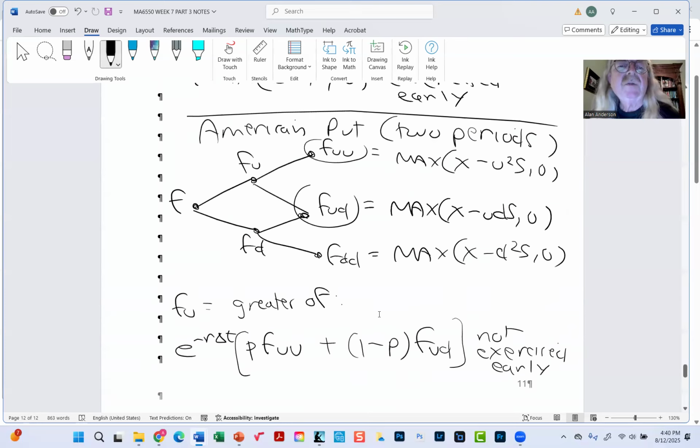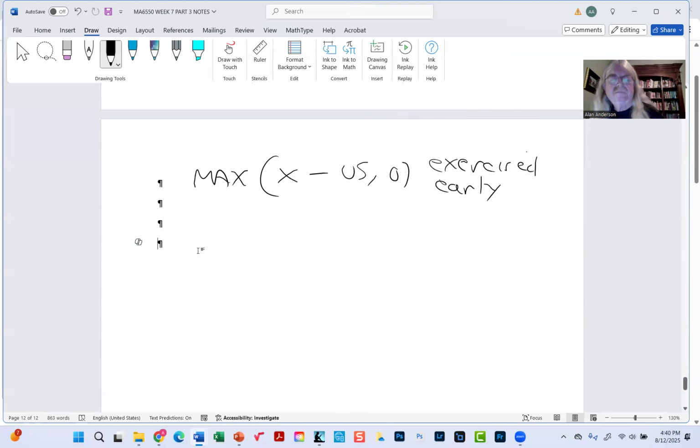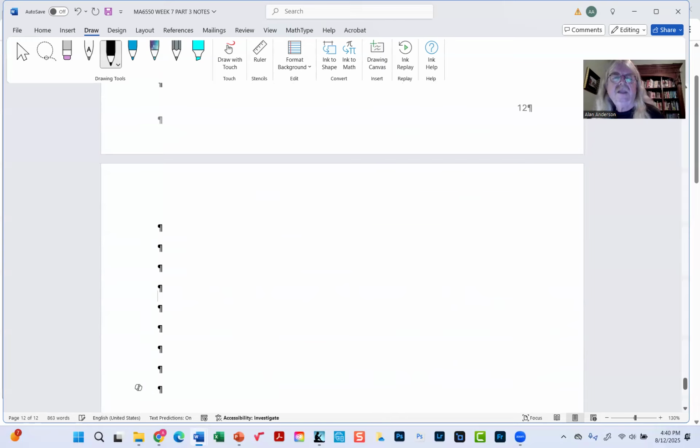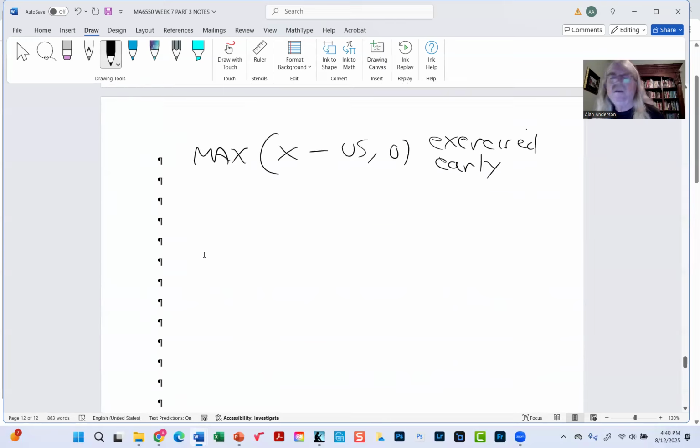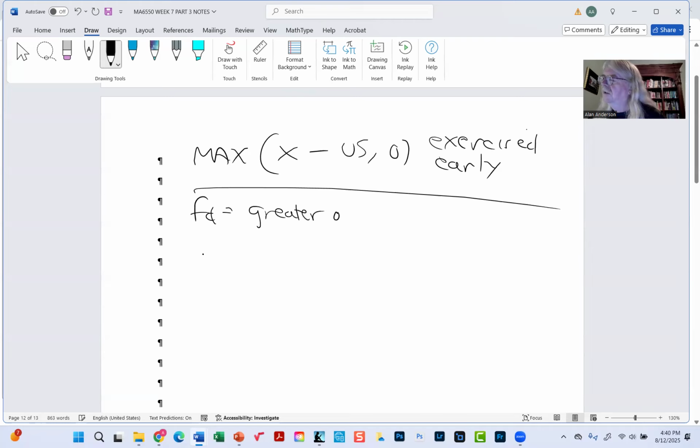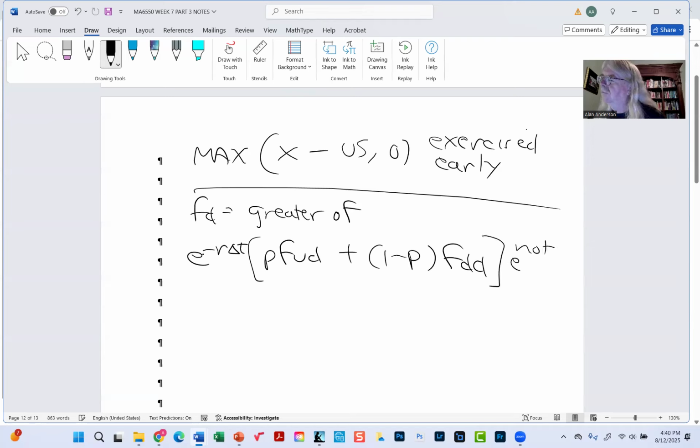Then, based on the same logic, now we go down to FD and we pick the greater of. From here, if we go up, we reach UD, go down, we reach DD. And if we do reach this node, the stock price is DS.